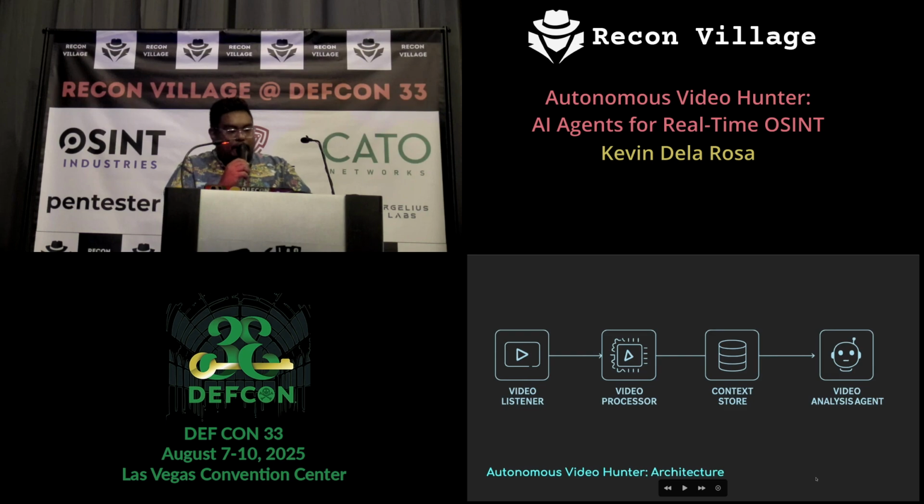Once you have the videos of interest, you put them through something that processes them so you can get general context at rest. You put this context into something searchable or queryable, and connect it to a video analysis agent, which, as I mentioned, orchestrates the different tools to fetch out the interesting bits of information.